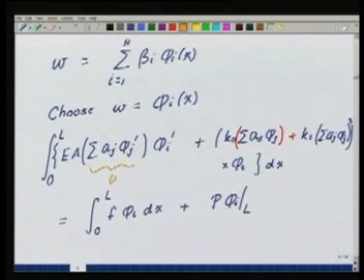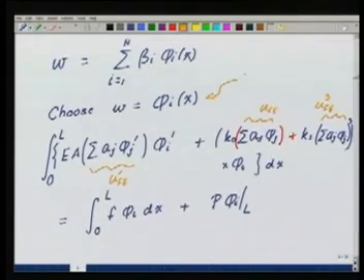This is what I would get if I simply went and did a substitution. This is u_FE prime, the derivative of u_FE. This is u_FE. This is u_FE cubed. Okay. Now you see, the problem is that if I go to this ith equation, because remember, when I choose w equal to phi_i, I will get the ith equation.